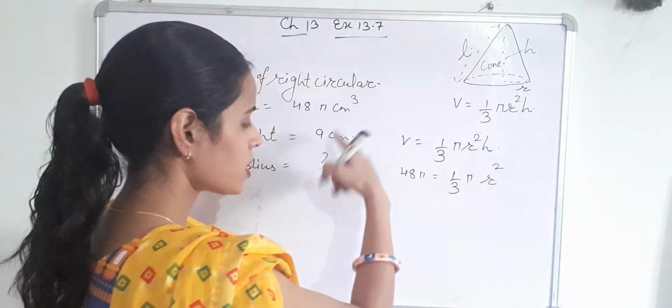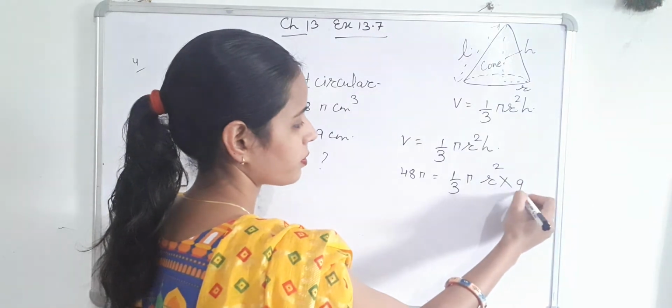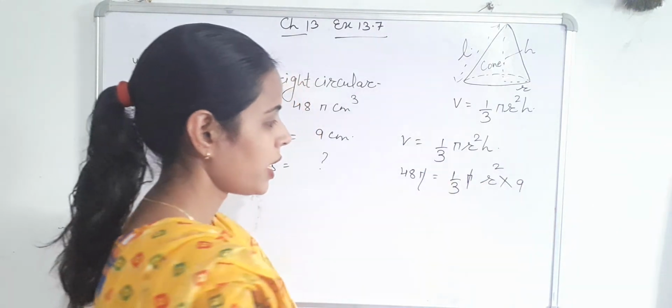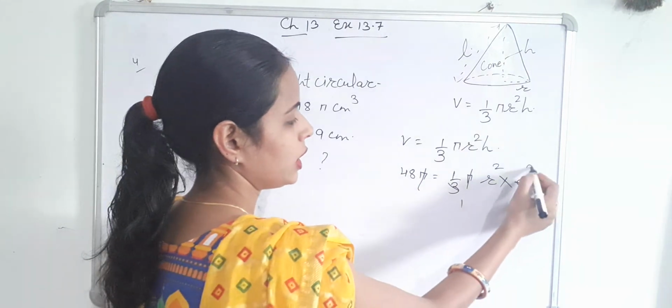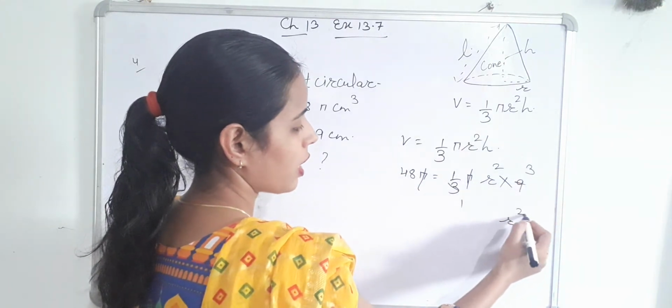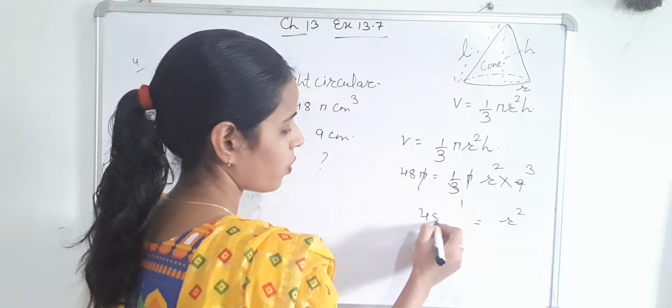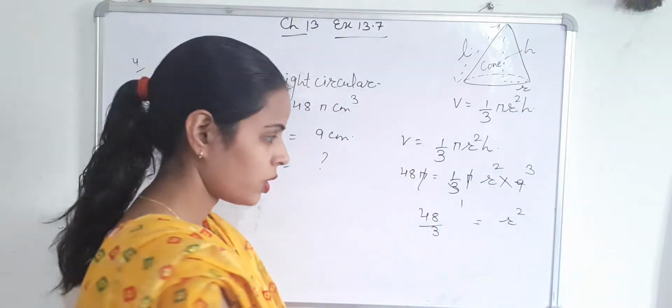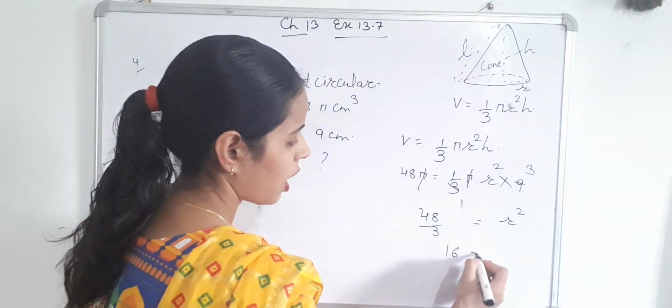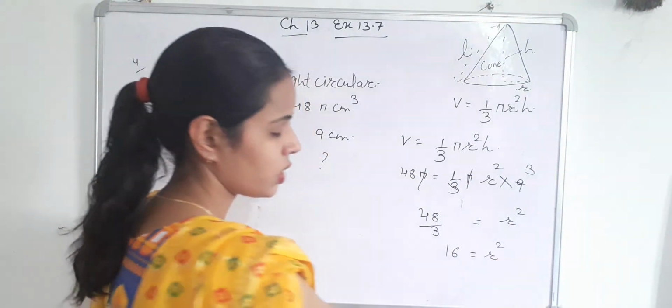Into h. H is given 9. Pi is cancelled by pi. 3 1 3, 3 3 9. R square equals 48 upon 3. 48 is cancelled by 3, 16. R square equals 16.